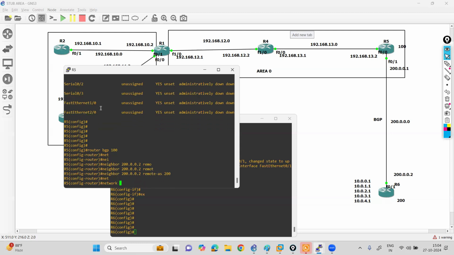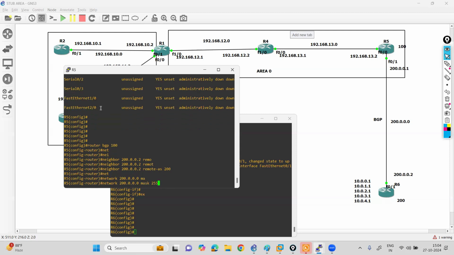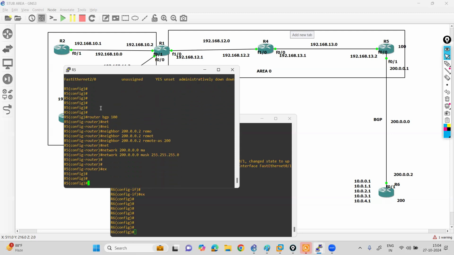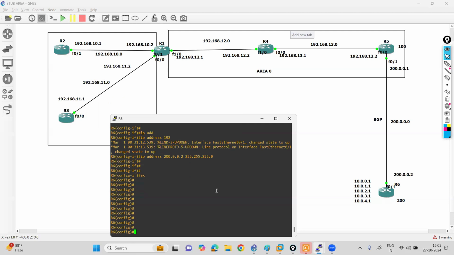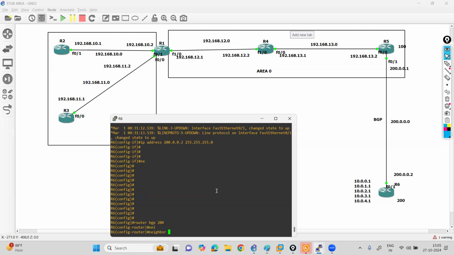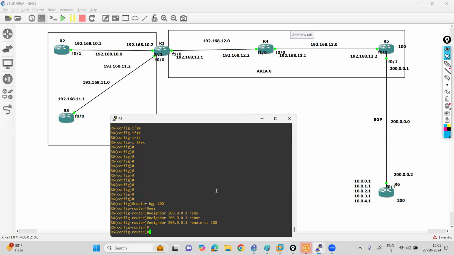Network is 200.0.0.0 and mask will be 255.255.255.0. Clear? Now let's go to router number 6, configuration, router BGP 200, neighbor 200.0.0.1, remote AS 100. Clear?